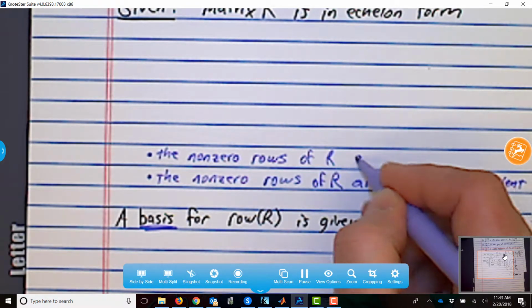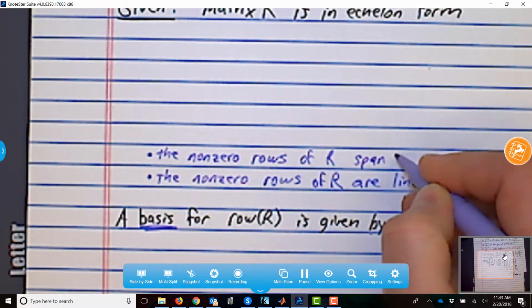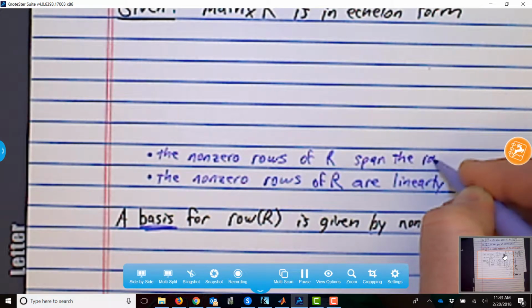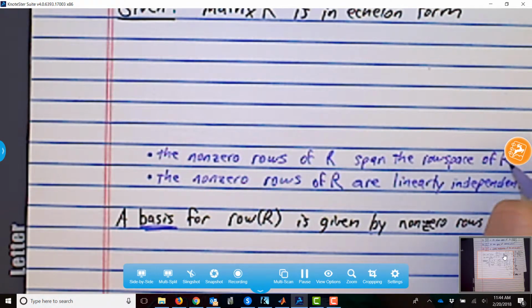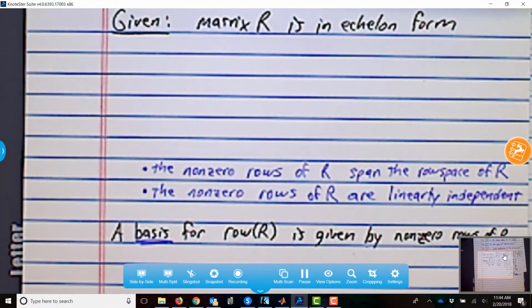The non-zero rows of R span the row space of R. They have to span whatever it's a basis for. That might be a little bit tougher. Okay? So, let's see.